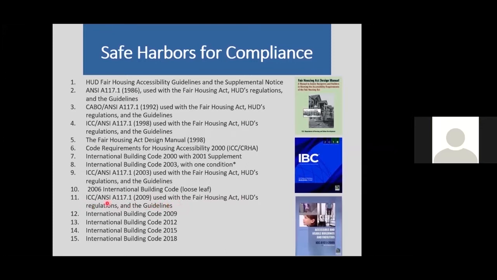And then you use the ANSI standard for the technical criteria. They're also now referencing all of the recent IBCs. So this is so helpful for all of the states that have already adopted a version of the International Building Code with an ANSI reference, and it can help to streamline the state building code with these requirements.